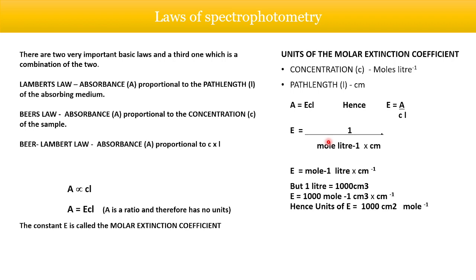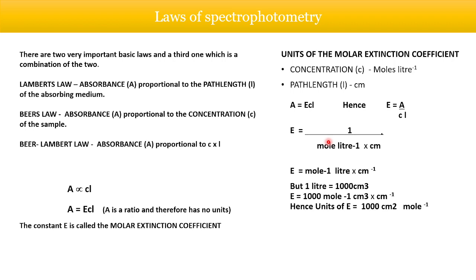The first law is Lambert's law, which says that absorbance is proportional to the path length, or the cell, say the cuvette, in which you are measuring the biological sample or any kind of sample. And Beer's law compares the absorbance with concentration.